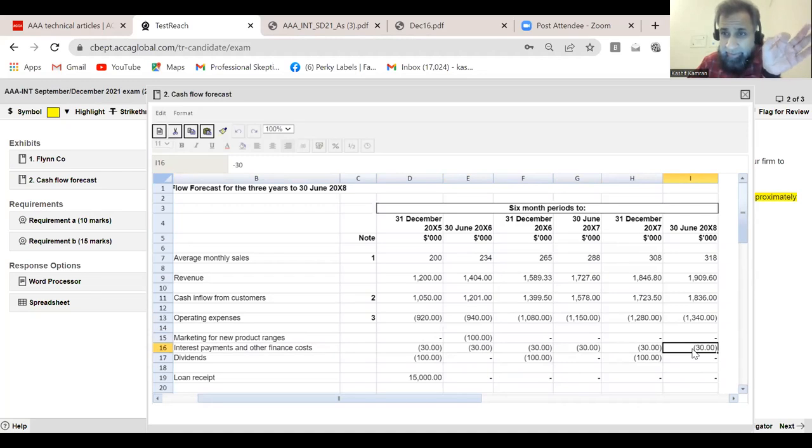Seems you have understated them. With a new loan of $15 million coming in, do you expect the finance cost to rise? Do you expect the finance cost to surge? Because you must already have old long-term loans in your balance sheet. So are you getting the point of understatement in finance cost? Everyone?